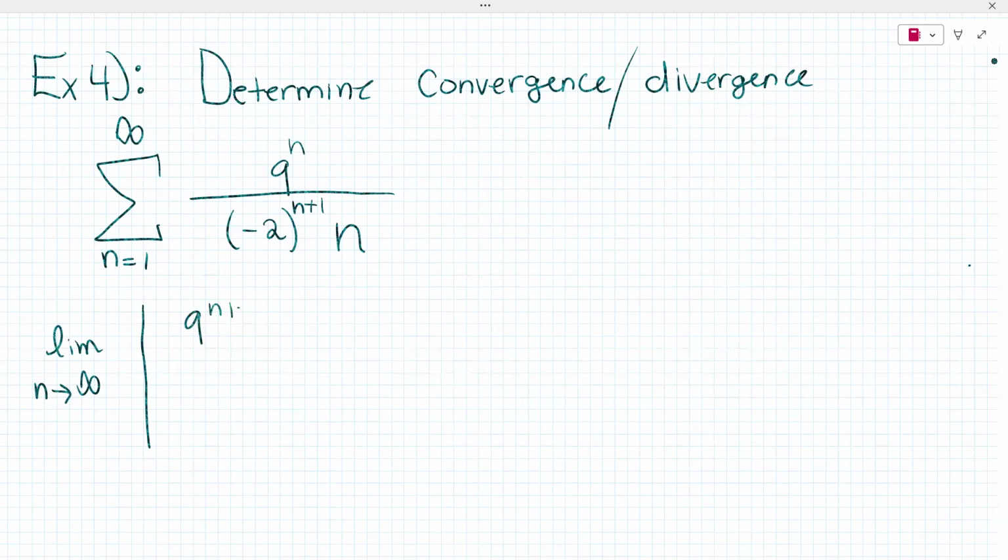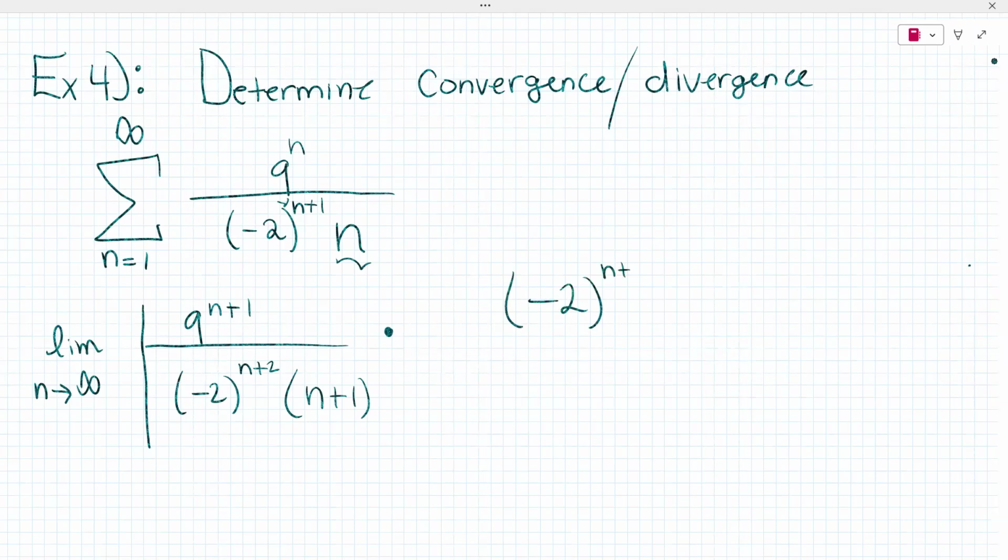So it's 9 raised to the n plus 1 over negative 2 raised to the n plus 2, and then you have this n, which becomes n plus 1, times the reciprocal of this: negative 2 raised to the n plus 1 times n over 9 to the n. We get the absolute value.